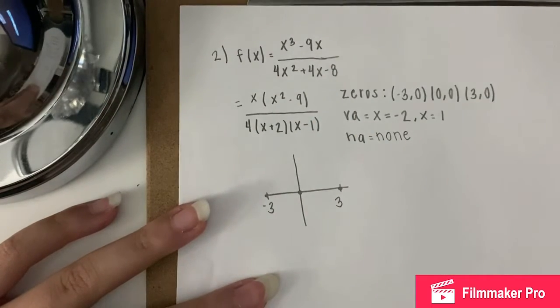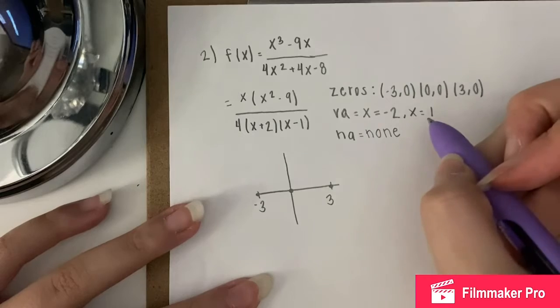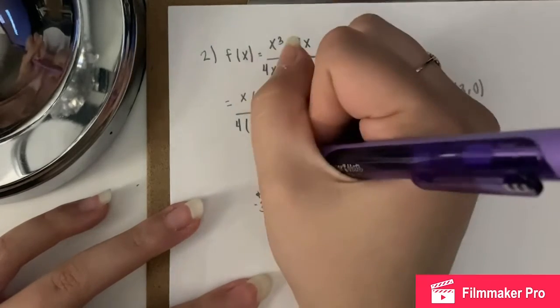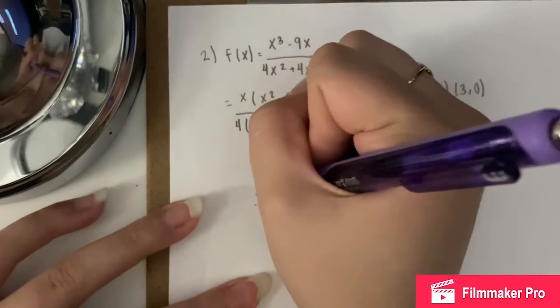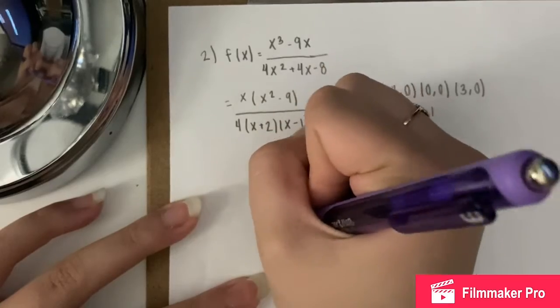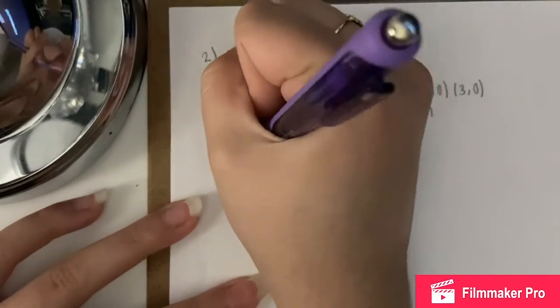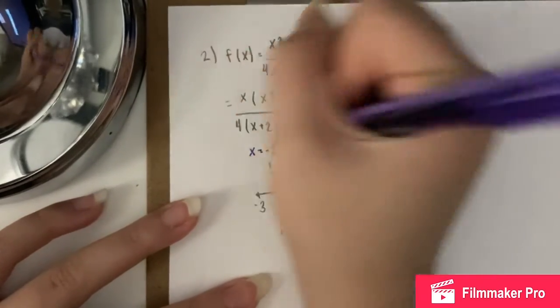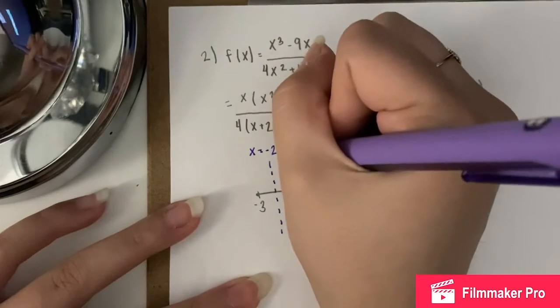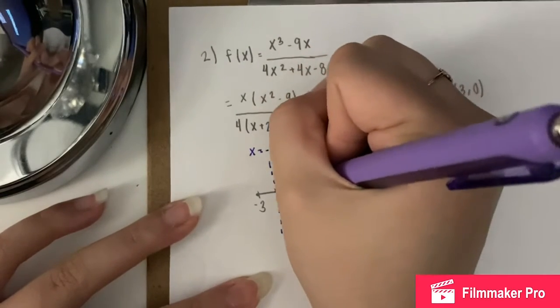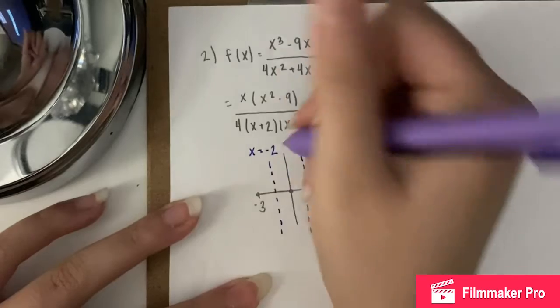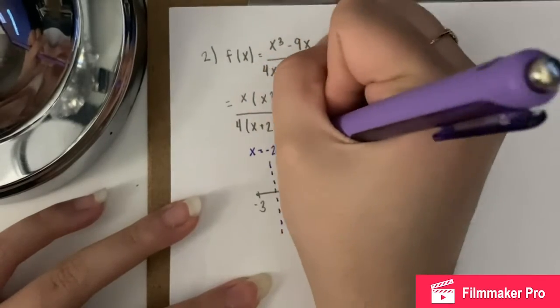And then we know we have vertical asymptotes at -2. So we're going to mark that around there. And this is at x equals -2. And then we have another one at +1, and that's x equals 1.